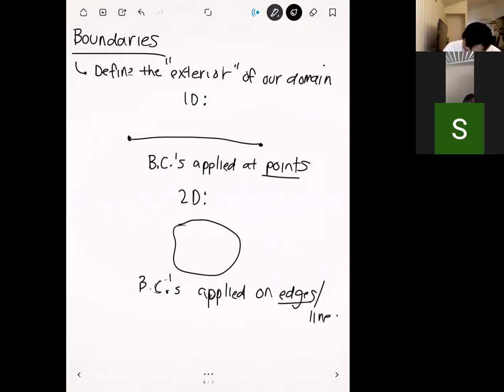Okay? Right? And so that's actually going to make a pretty big difference on how we apply our boundary conditions. Okay. And then in 3D, I'll just mention this. The exterior of a 3-dimensional volume is going to be its surface. Okay. And so for 3-dimensional finite elements, our boundary conditions are applied on surfaces.